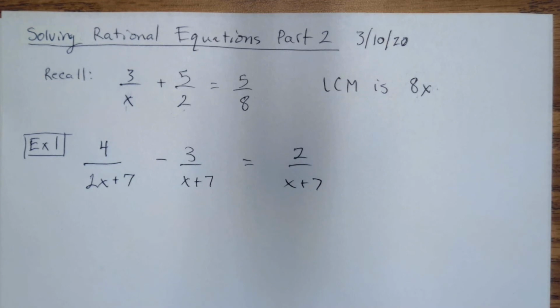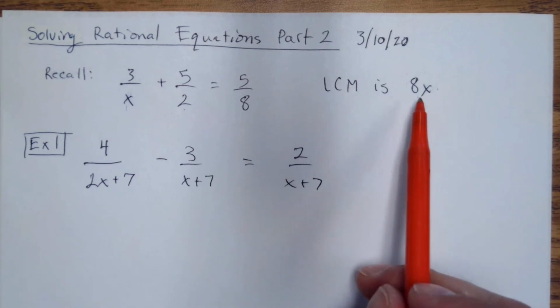So here we're trying to find the least common multiple, and we're going to multiply that to each term. Something will cancel out, so we don't have to actually FOIL anything. In this case, all I'm looking for is something that contains all the pieces.